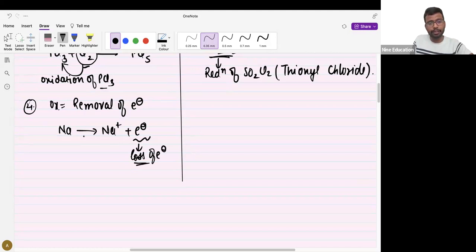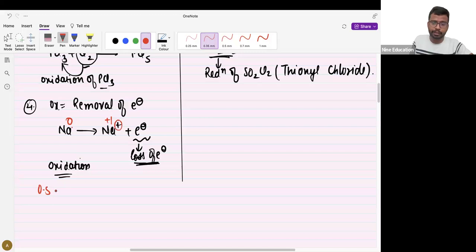Metals always lose electrons. So the metal has lost 1 electron. This loss of electrons will show oxidation. So always remember, the oxidation state will change from 0 to +1.